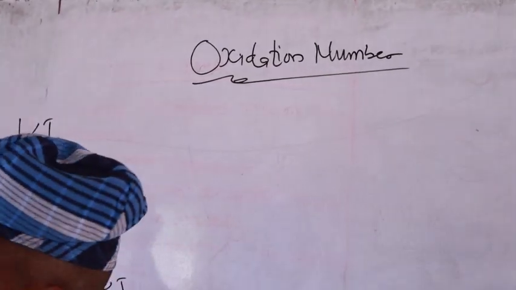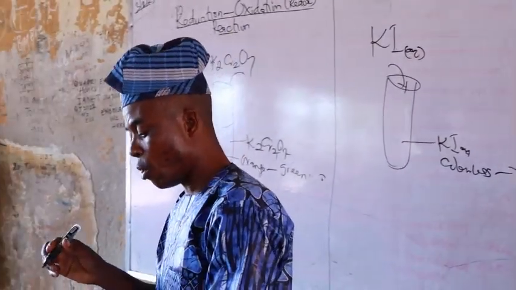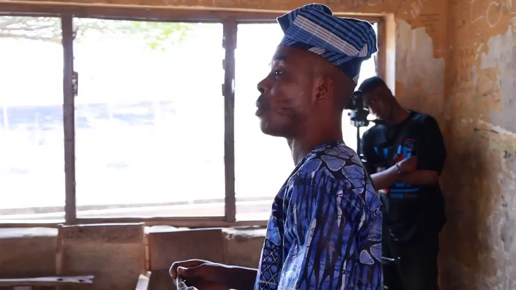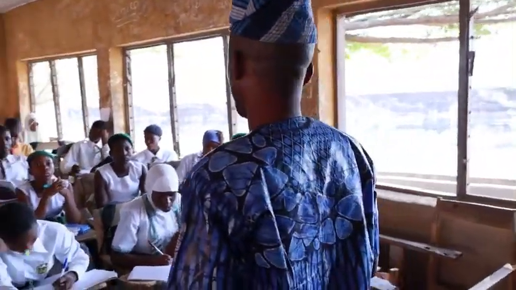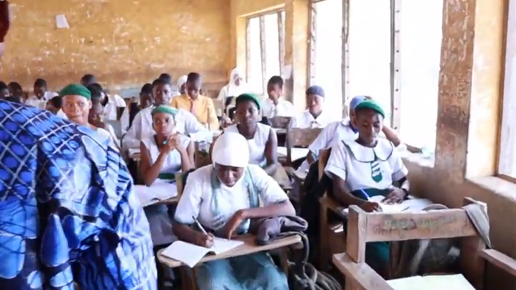There are some rules we must follow if we want to determine the oxidation number of elements in a given compound.